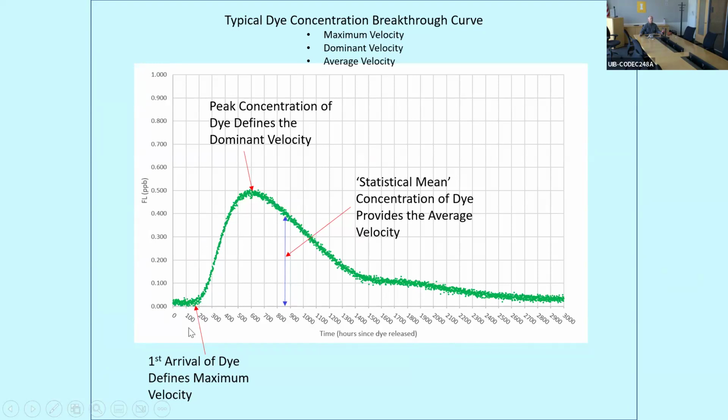The first arrival of dye defines your maximum groundwater velocities. Your peak defines your dominant groundwater velocity. And then your average or mean is defined by the center of the mass. We'll talk about those throughout the rest of the presentation.